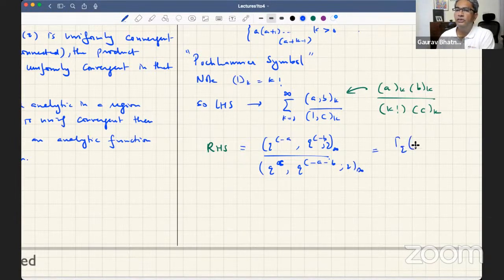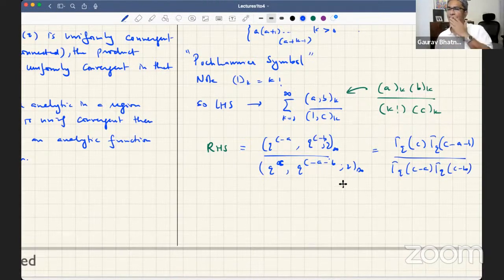I could use the q-gamma function to write it like gamma_q of c, gamma_q of c minus a minus b, over gamma_q of c minus a, gamma_q of c minus b. So you multiply and divide by various things. And now when you take the limit as q goes to 1, this goes to gamma of c minus a minus b.